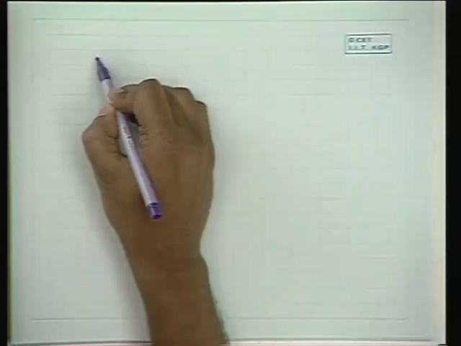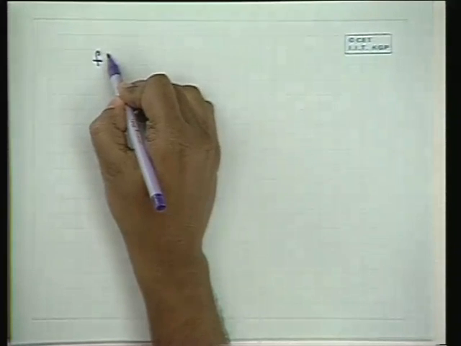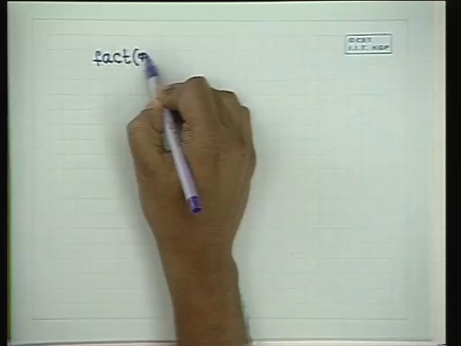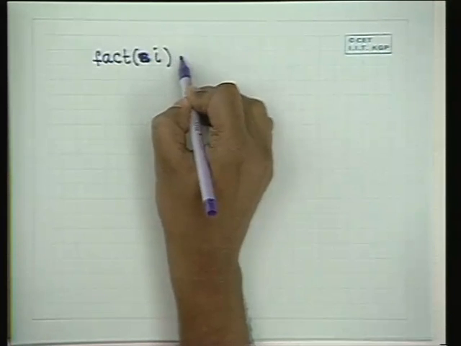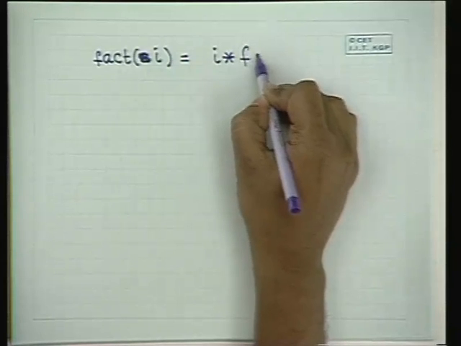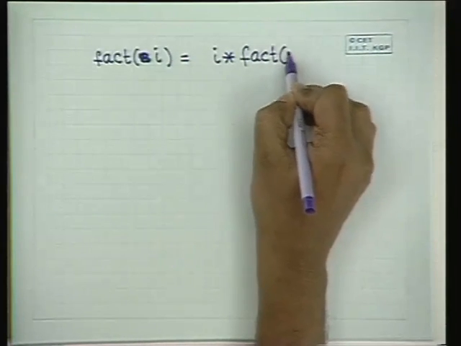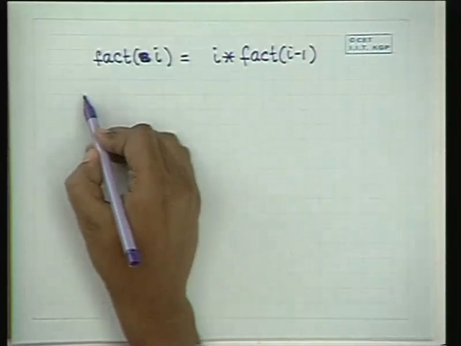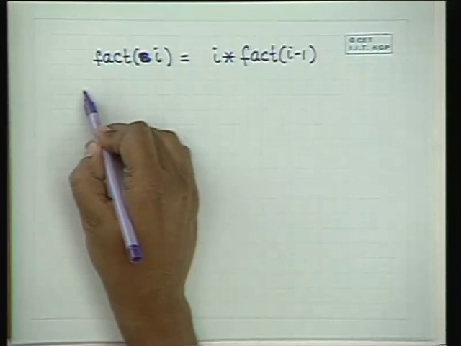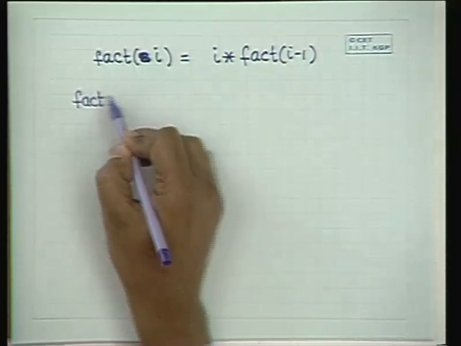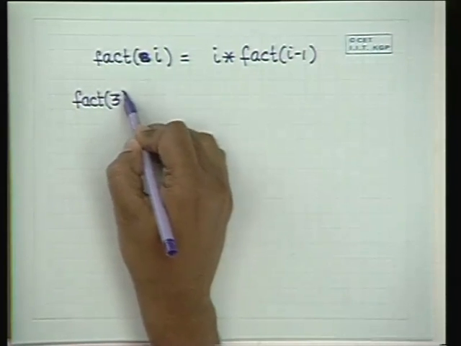So our basic part of the recursion was fact n, or say fact I, was equal to I into fact of I minus 1. That is if I is greater than 1. Now suppose it is called with a value. So in the main program, suppose you read in the value 3 and you call it with the value of fact 3.